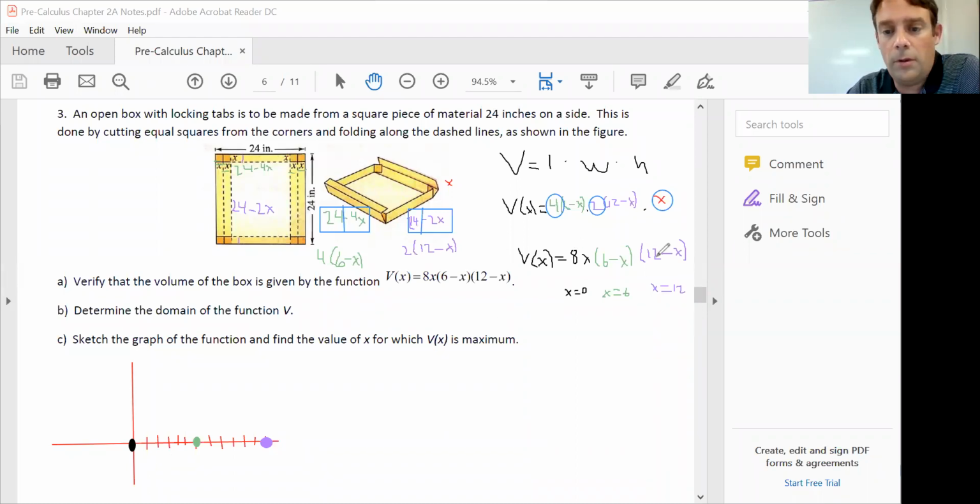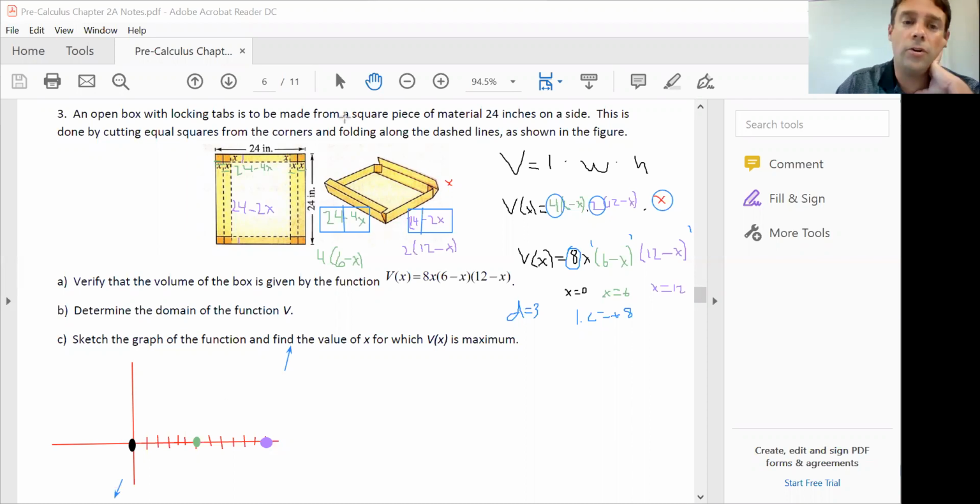My degree is 3, so that means I'm going to start the opposite where I finish. My leading coefficient is a positive 8, so that means I'm going to end high. And if I'm going to end high, that means that I had to start low.